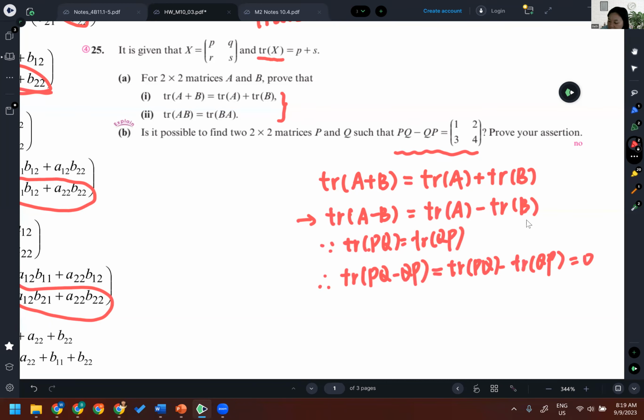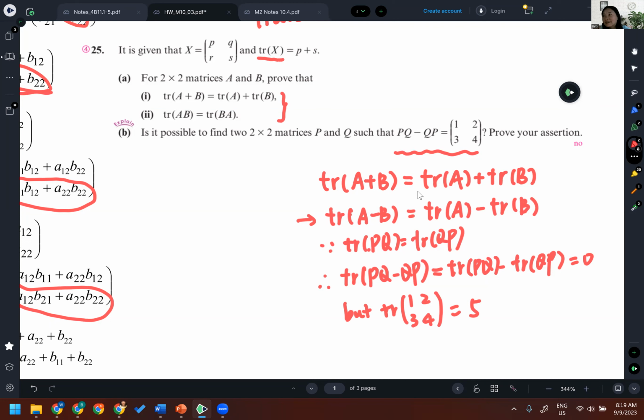But the trace of the right-hand side equal 5. So I don't think the left-hand side can ever equal to the right-hand side, although I have no knowledge of P or Q. Is it fine?